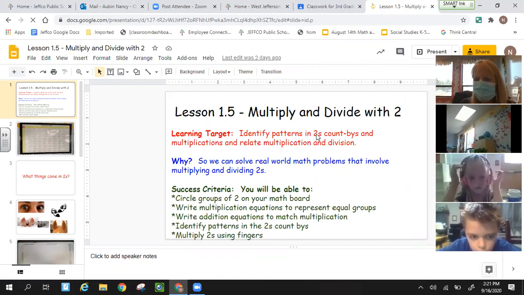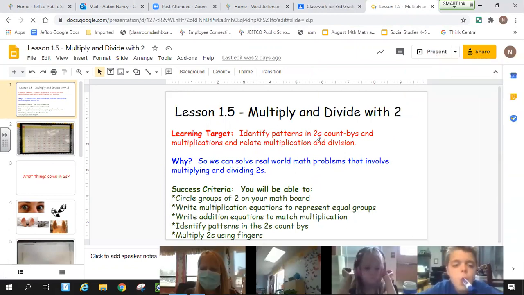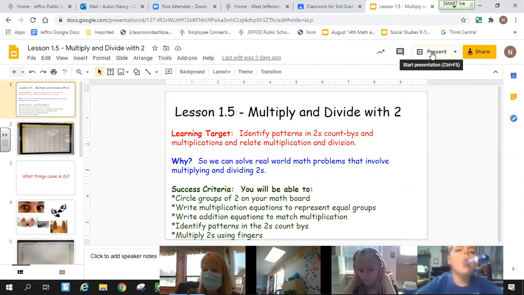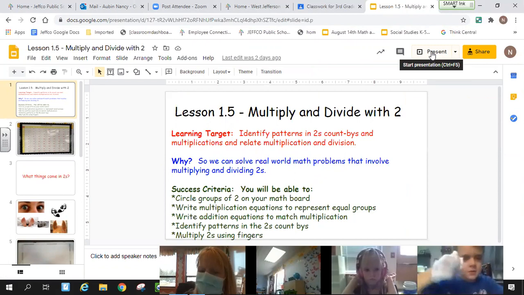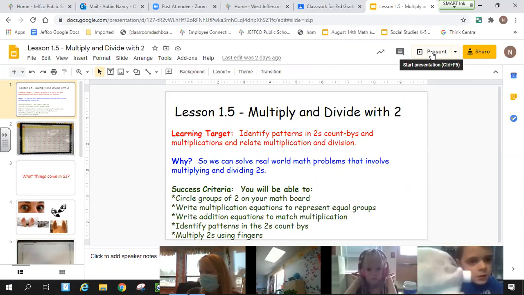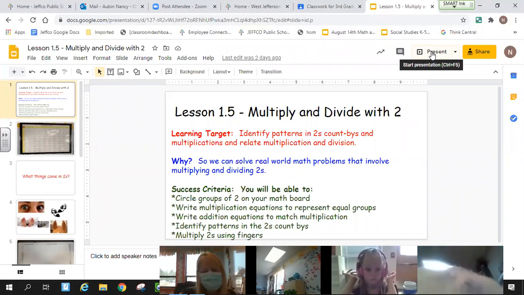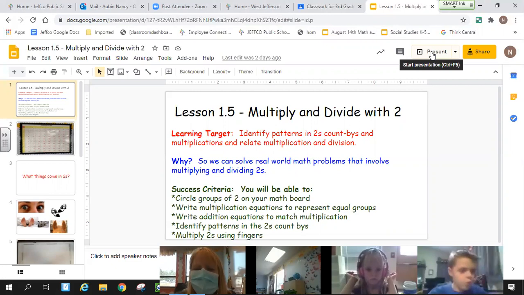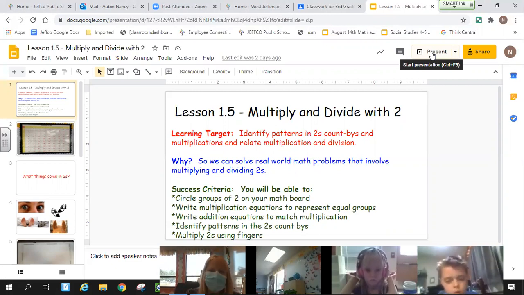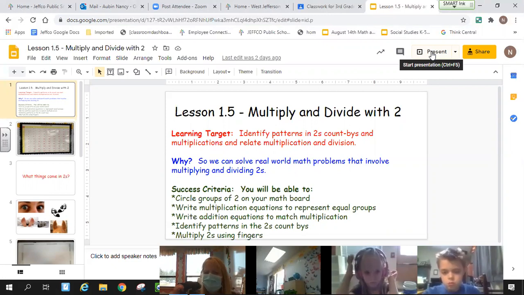So let's look at our learning target for today: identify patterns in 2's count bys and multiplications and relate multiplication and division. Now we've been doing that with our 5s. This is almost the same lesson as we did on the first day of our in-person learning.